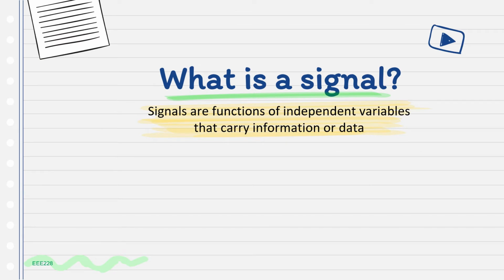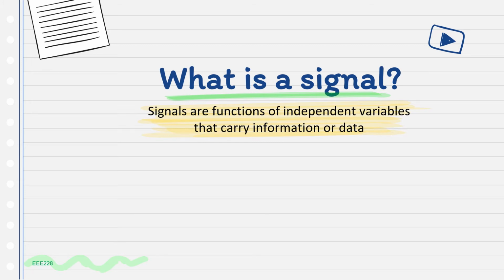Okay, so let's proceed. So what is a signal? Signals are functions of independent variables that carry information or data. Signals can be represented using functions of independent variables.